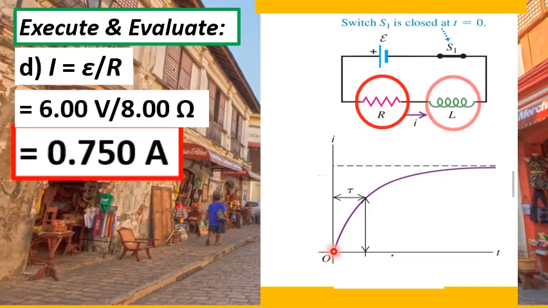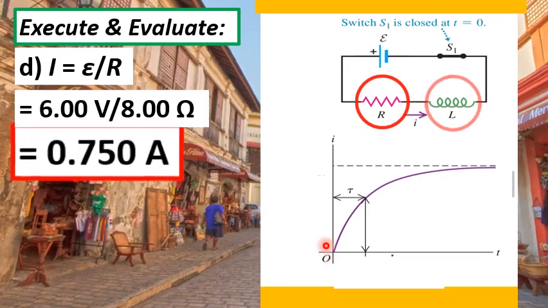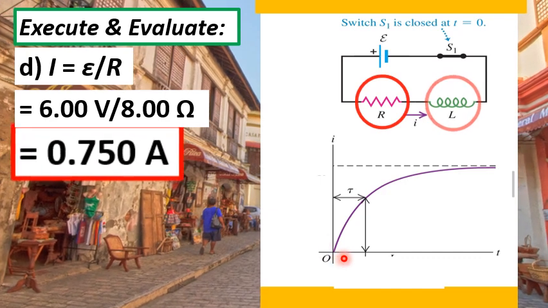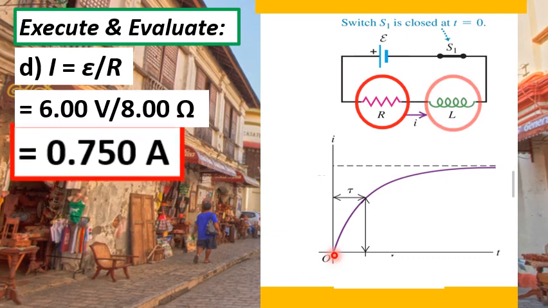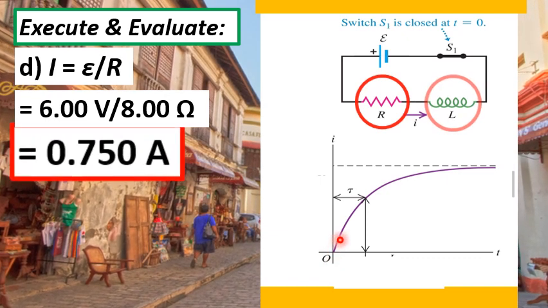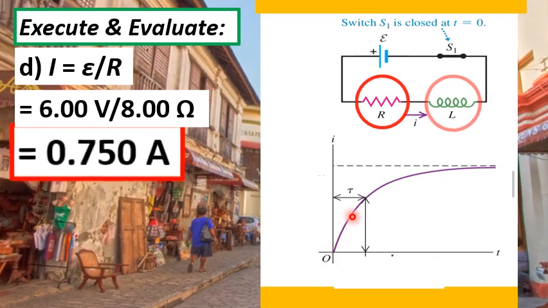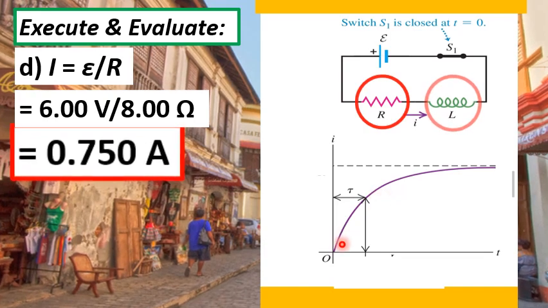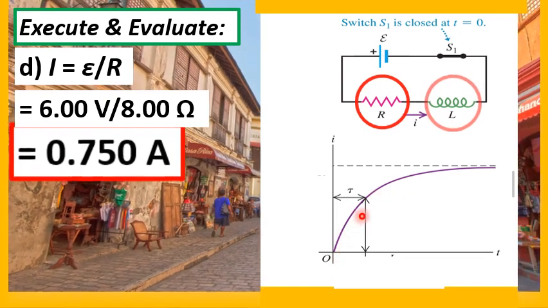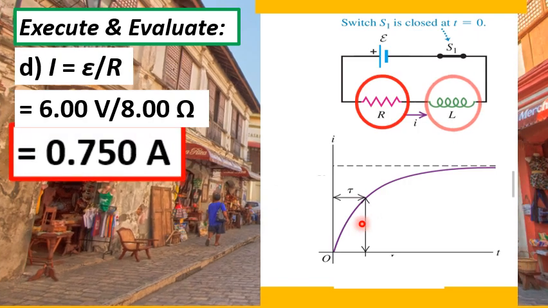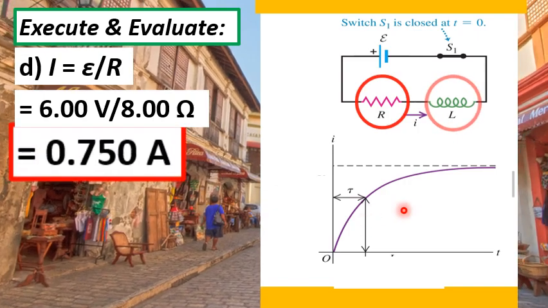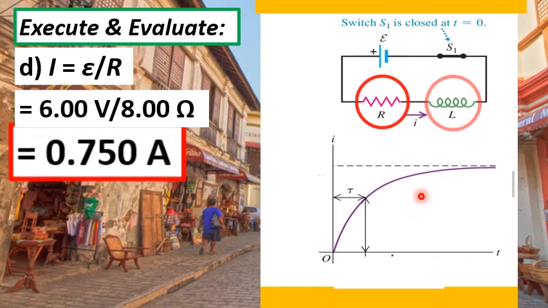Earlier we already computed for the initial change in the current, that is at time equals 0. And we are also able to determine the instantaneous current at a given time of 0.250 seconds.